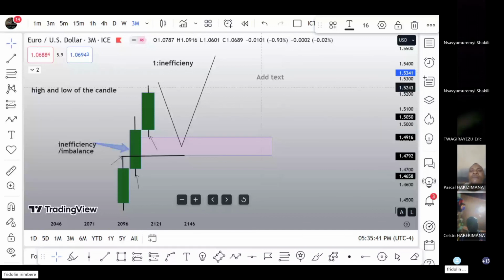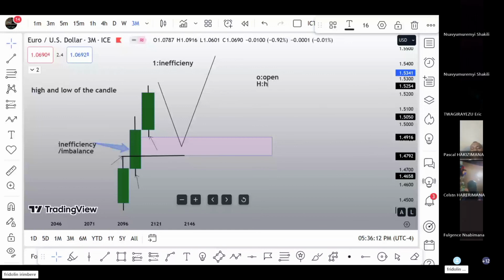You have O, which means open, H for high and L for low.